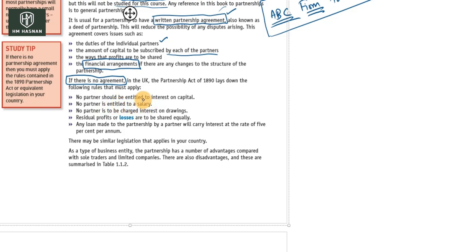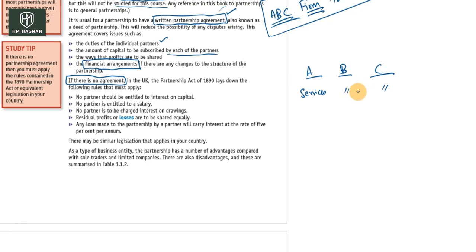For example, there are 3 partners, Mr. A, Mr. B and Mr. C. Mr. A is also providing services, Mr. B is also providing services, and C is also providing services, and they consider themselves to be employees of a company.